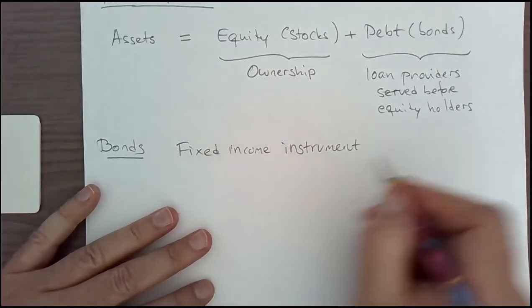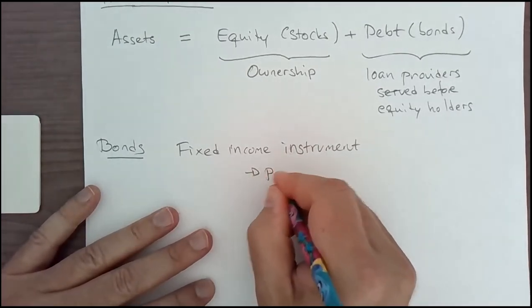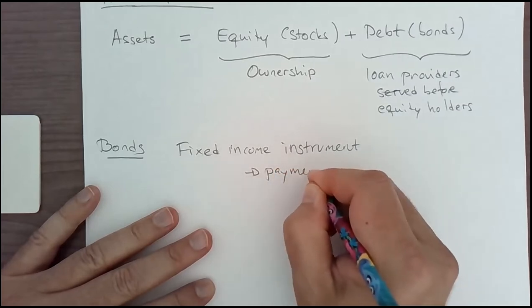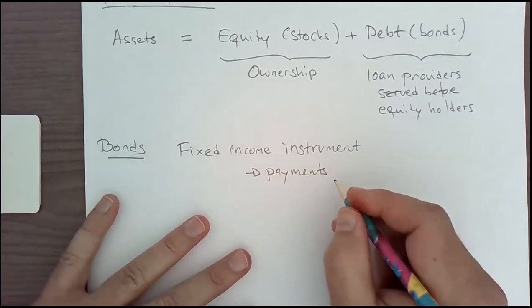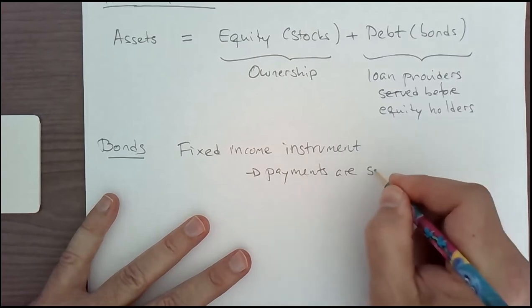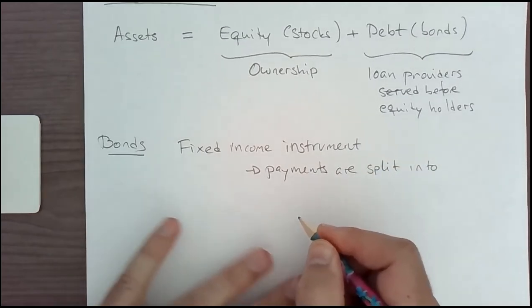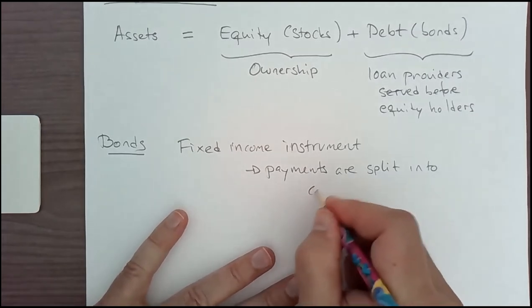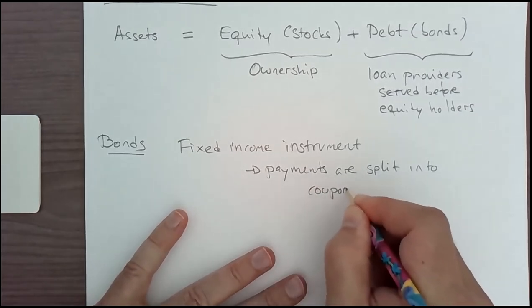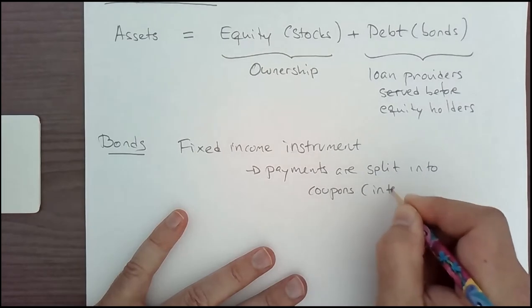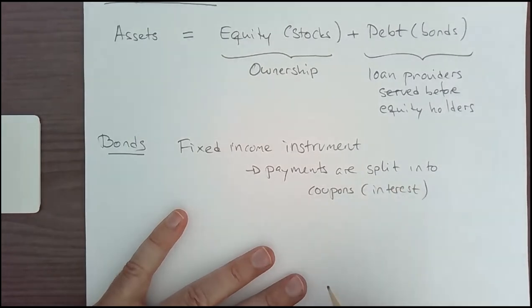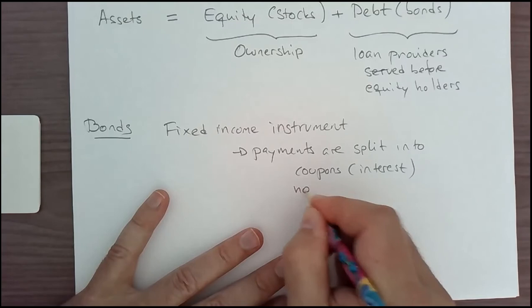There are many potential payments, and payments are split into two kinds, right? So you have coupons, just like interest, right? And then you also have notional.